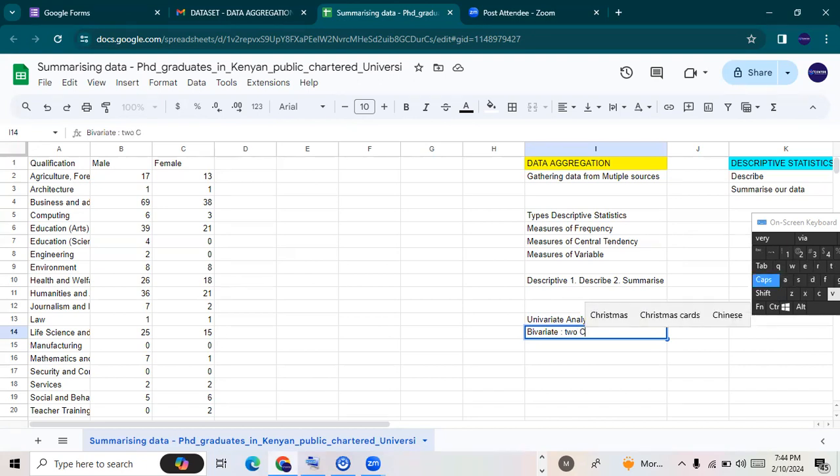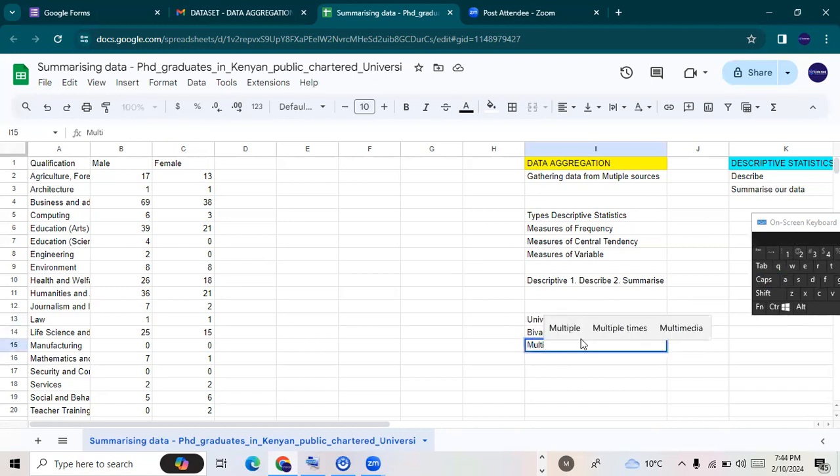But you are also going to hear of analyzing more columns, which is multivariate analysis. The multi means more than two columns.